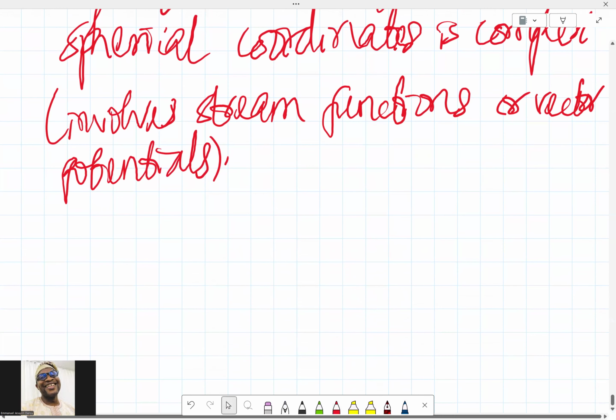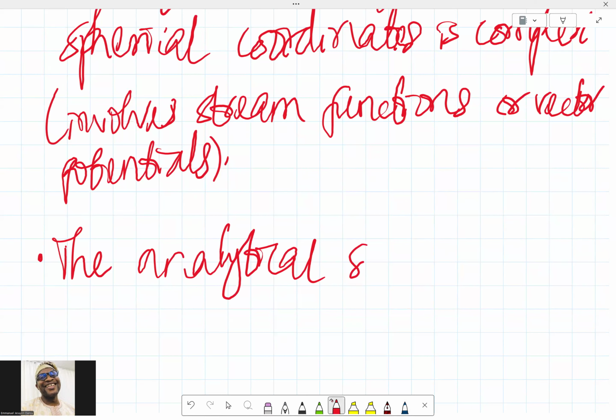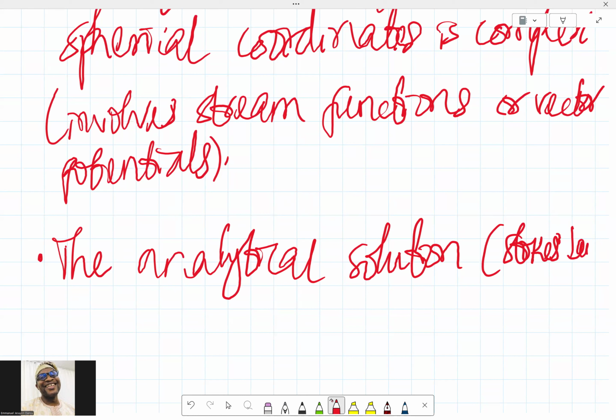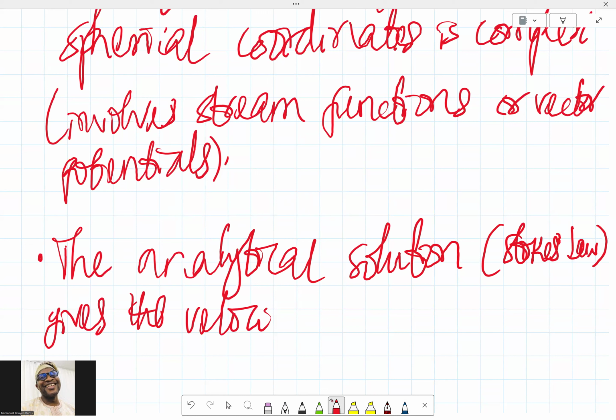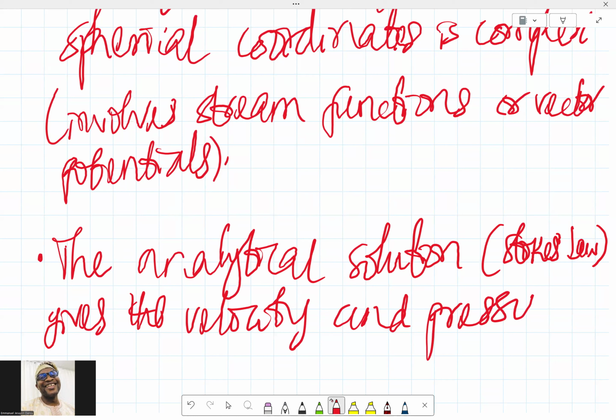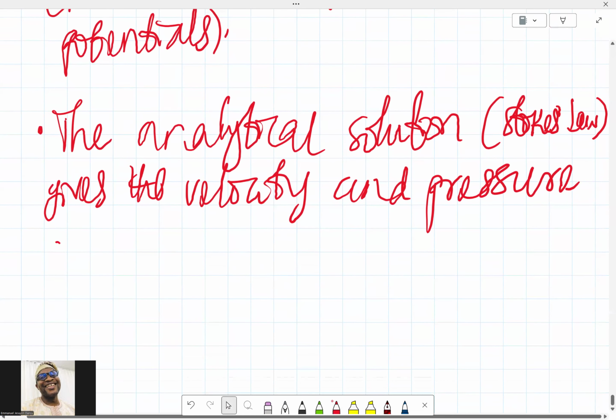So the analytical solution, which is Stokes law, gives the velocity and pressure fields.